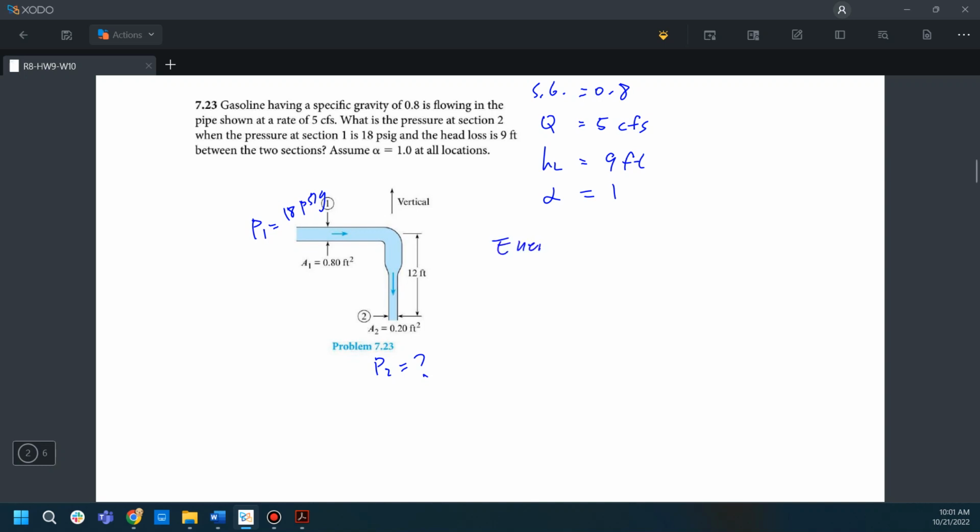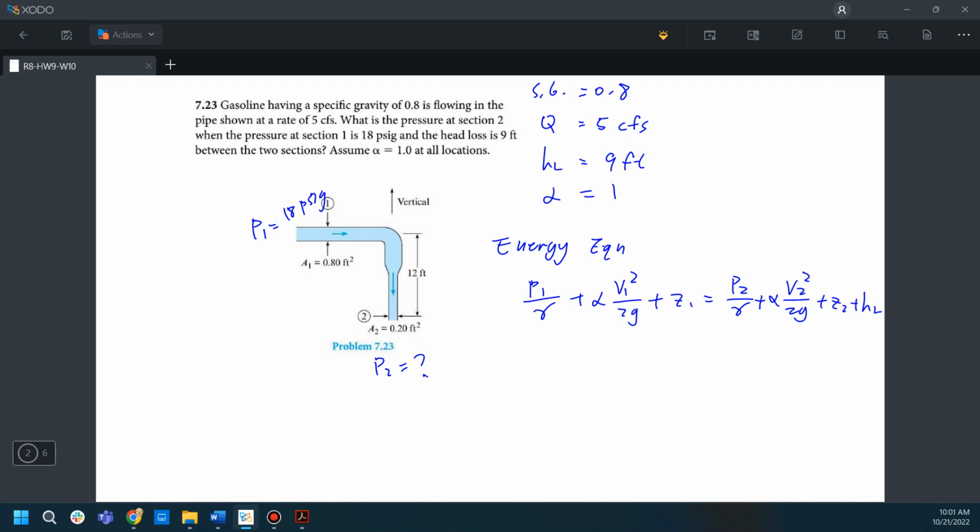So energy equation, that is P1 over gamma plus alpha V1 squared over 2g plus Z1 is equal to P2 divided by gamma plus alpha V2 squared over 2g plus Z2 plus H, the head loss.